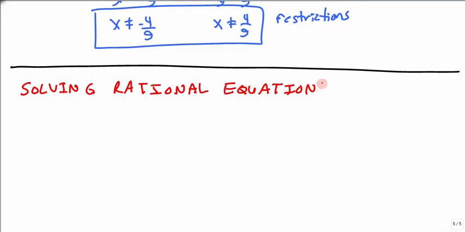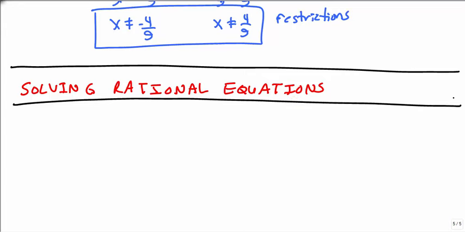All the problems I did before were called expressions because there was no equal sign in the original problem. Here I have equal signs and I'm trying to solve. I'm trying to find that value of x. Now when we talk about solving an equation, we need to make sure that we never violate any of the domain restrictions that we were finding up above.